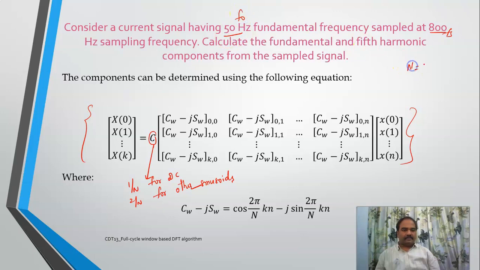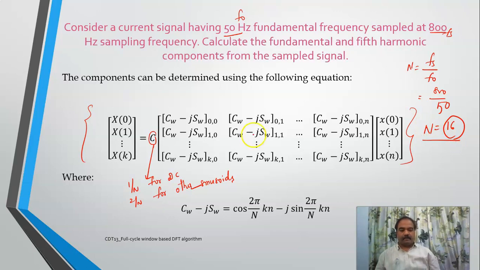So N is equal to sampling frequency by signal frequency, which is 16. So capital N is equal to 16. So you do need 16 samples for doing this problem.